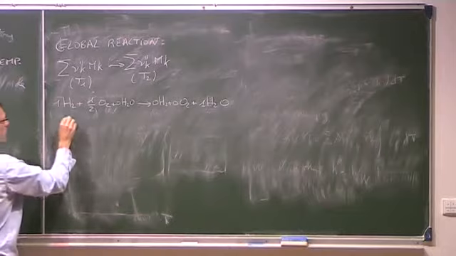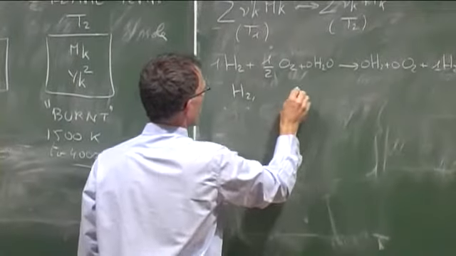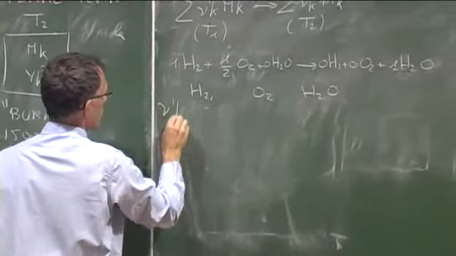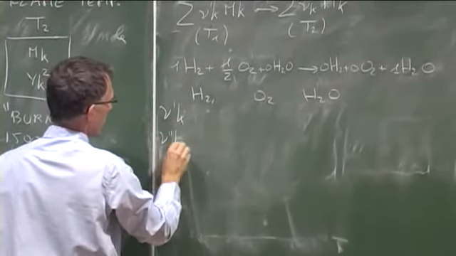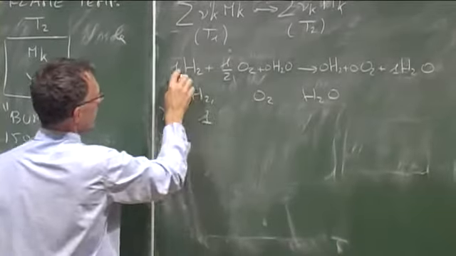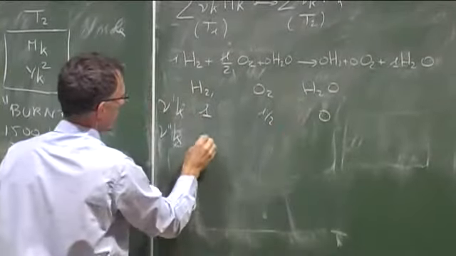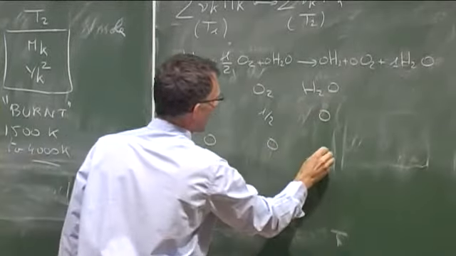So that means that if you put the table H2, O2, H2O, and you want to fill nu prime K and nu second K, you're going to have 1, 1 half, 0, and 0, 0, and 1.